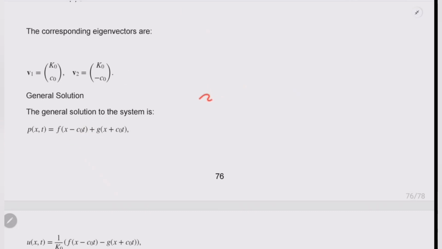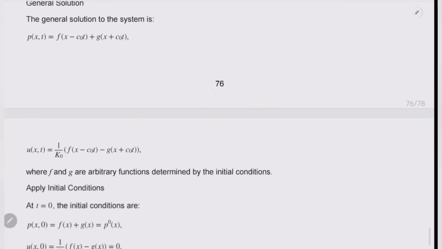You also remember that when we had two equations, we can write them in terms of a single second order equation. And from the PDE, we know that it has two solutions, one going towards the left and another going towards the right. So p of x, t is written like this.